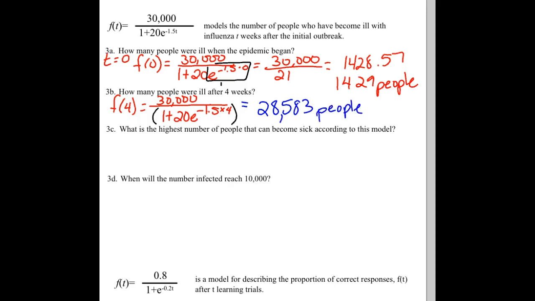Okay, so when they first said there was an epidemic, all right, there were about 1,400 people ill. 4 weeks later, there's 28,000 people ill. Okay, so rapid growth, all right. Part C says, what is the highest number of people that can become sick according to this model? That's that limit to growth. Some people, some books call it a carrying capacity.